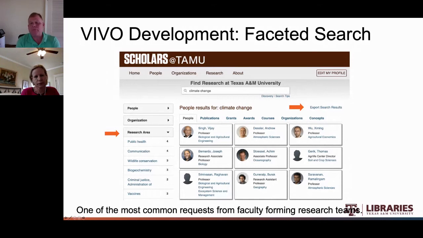The other major feature that we've built into our system is our ability to harvest metadata from our own institutional repository. We're running DSpace, another Lyrasis open source system, as our institutional repository.